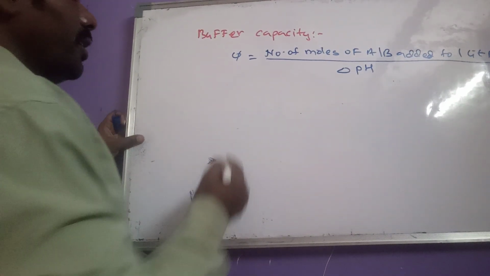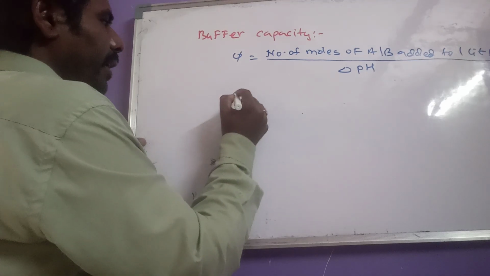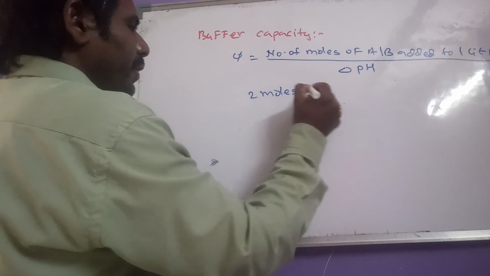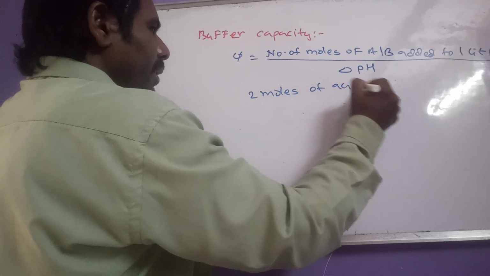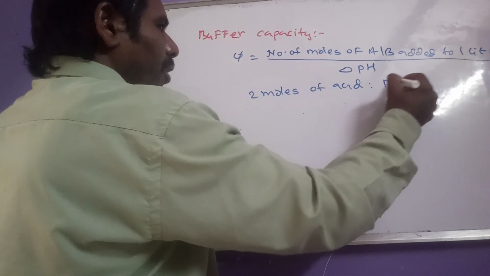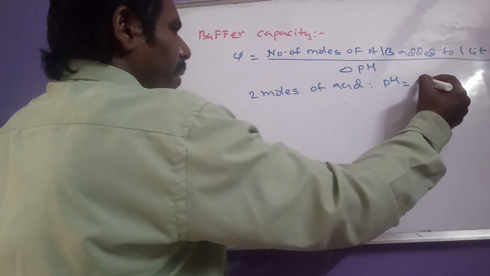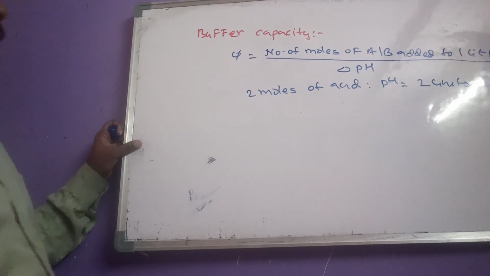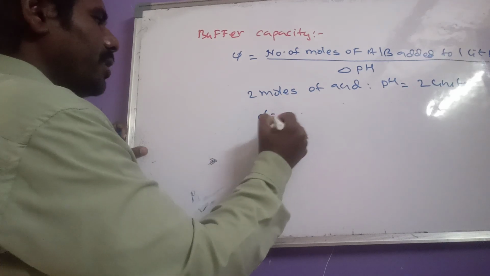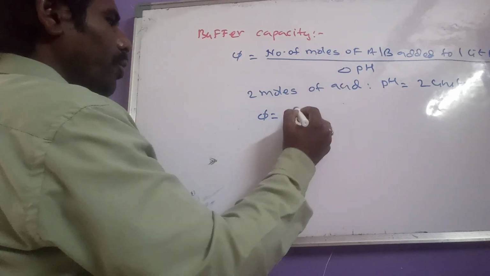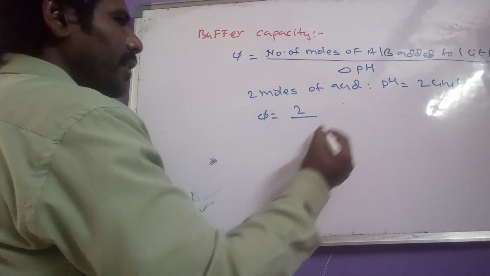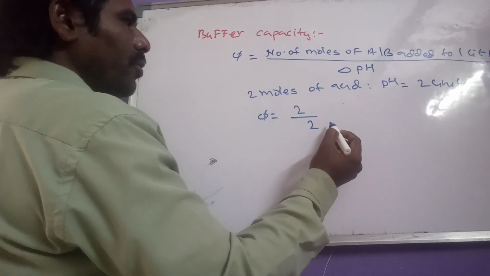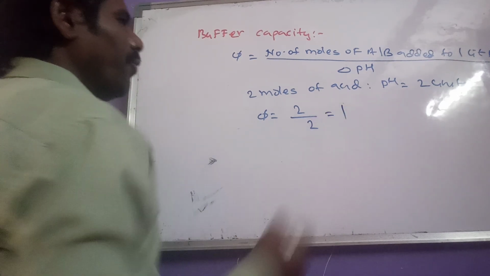So first question: by adding 2 moles of an acid, the pH value is changed by 2 units. What is the buffer capacity? Here 2 moles of acid is added and the change in pH value is 2 units, therefore 1.